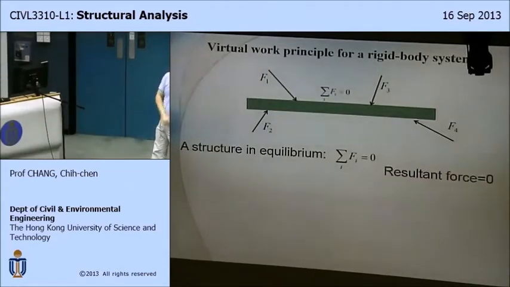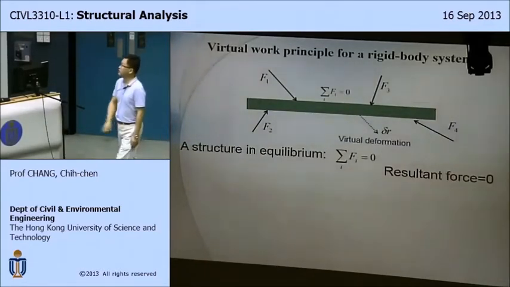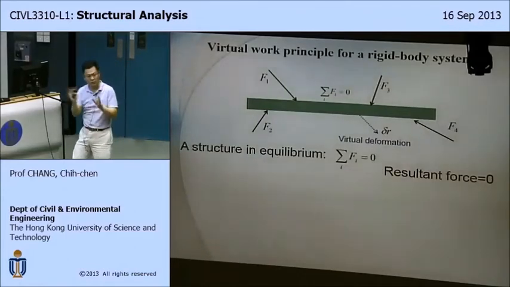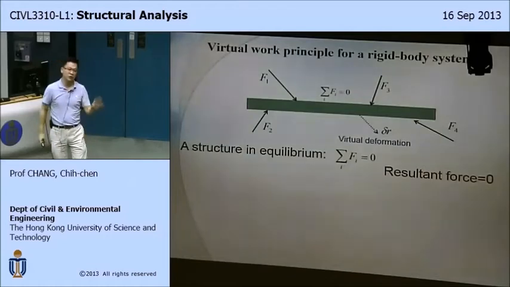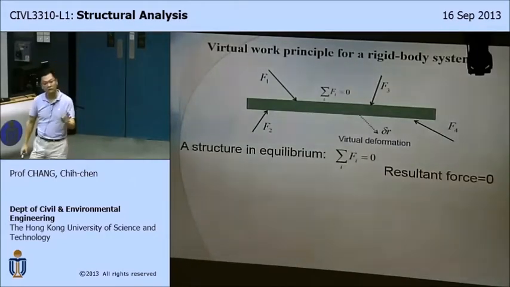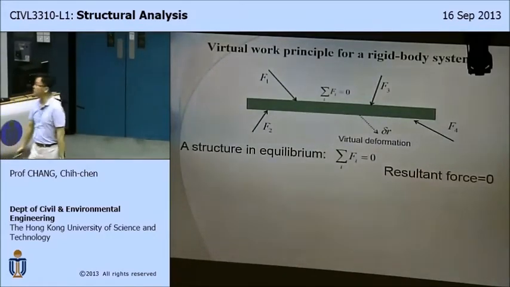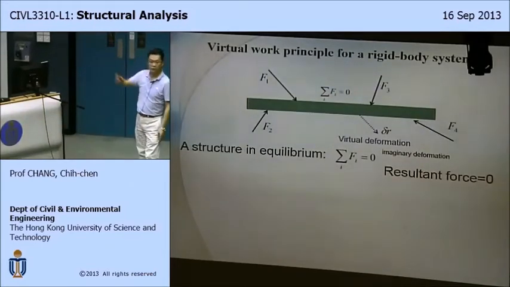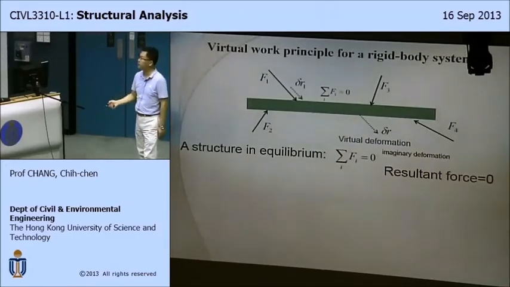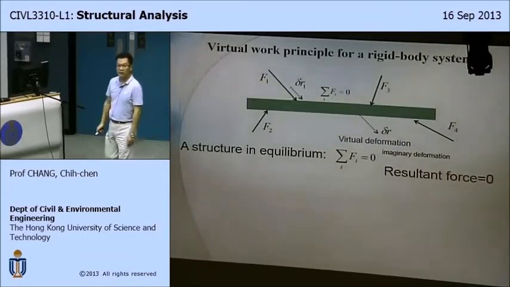So imagine I create a very small deformation, so small that it's not affecting the equilibrium conditions. The work done due to the presence of this virtual displacement is going to be equal to 0.